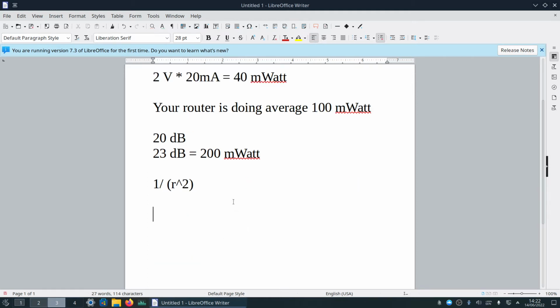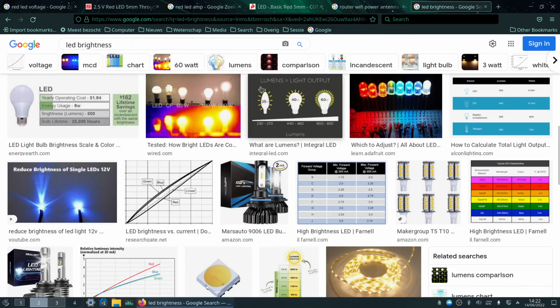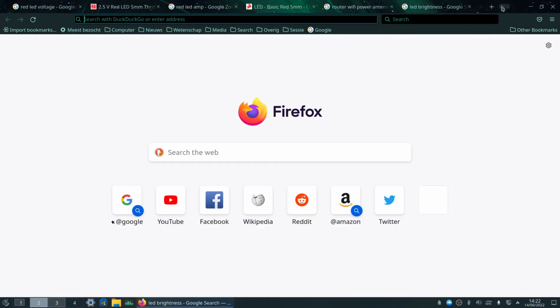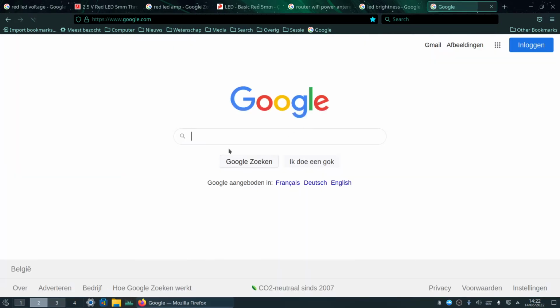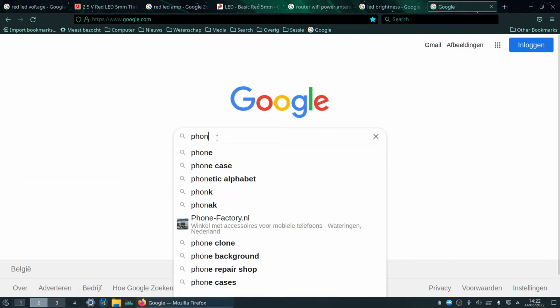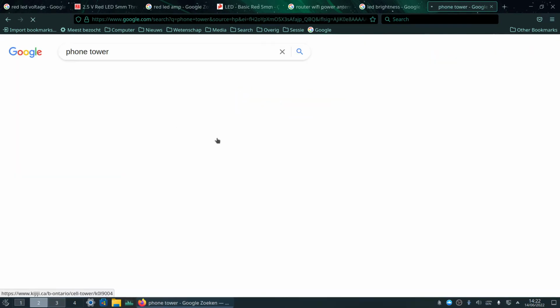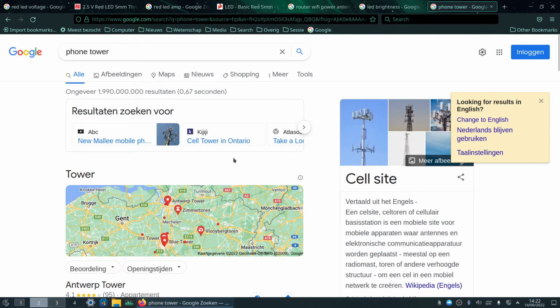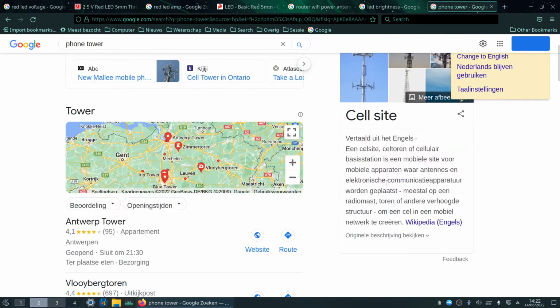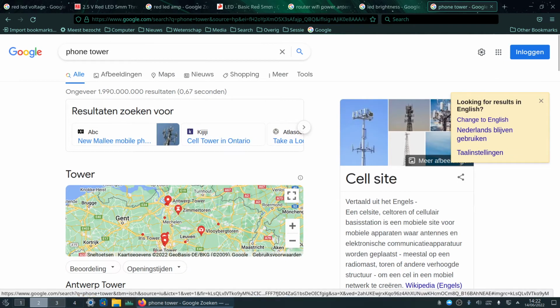So, in general, now let's take a phone tower station. Phone tower. Let's look what we've got. A cell site, it's what it's called. These are far more powerful than your Wi-Fi router.